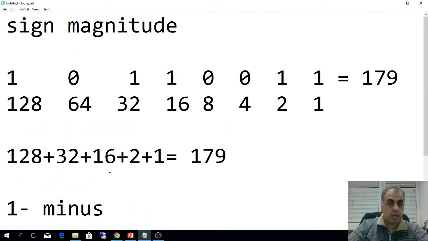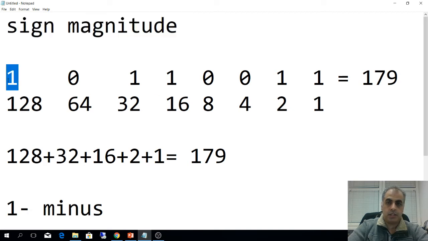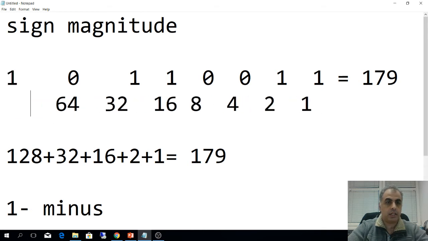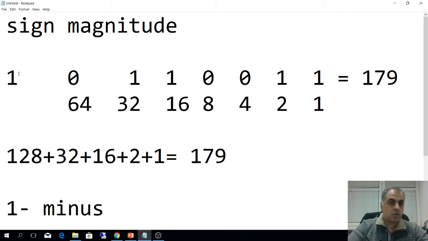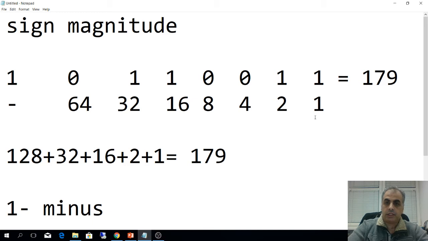Let's come back to here. If it is a signed number, the first digit is going to be the sign digit. Sign digit means you cannot multiply it by 128. It is showing the sign, a minus value of all the other calculations.